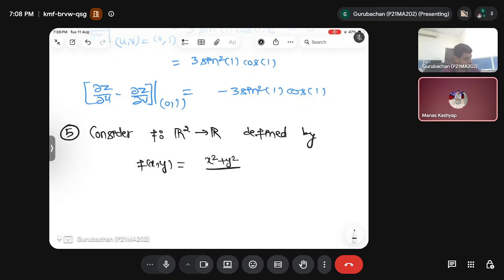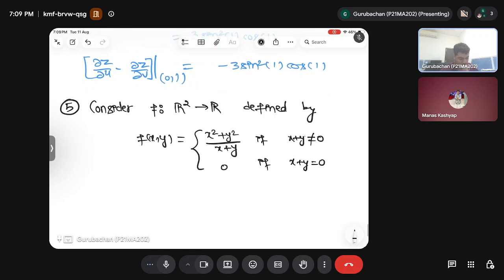Yes, exactly. x plus y is not equal to 0. If x plus y is equal to 0, we have been given this function.